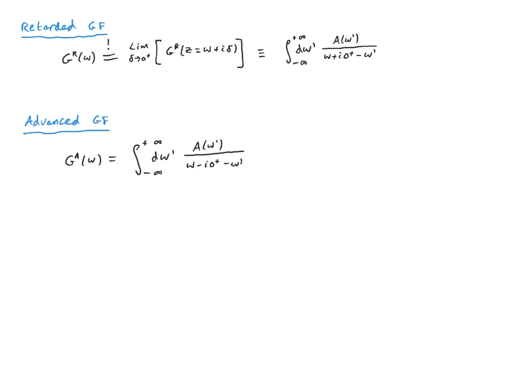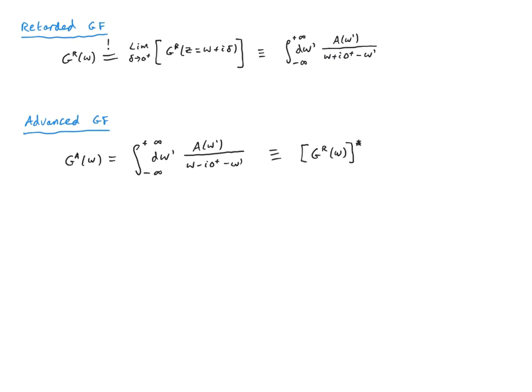There is another class of Green's functions that I've not yet mentioned called the advanced Green's functions, contrary to the retarded Green's functions. However, the only difference in the definition is that on the bottom here we have omega minus I0 plus, rather than omega plus I0 plus for the retarded Green's function.